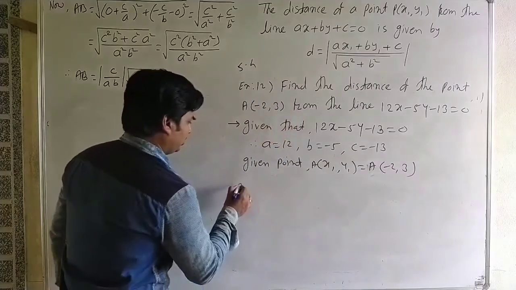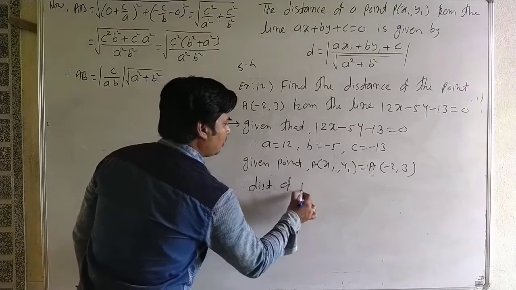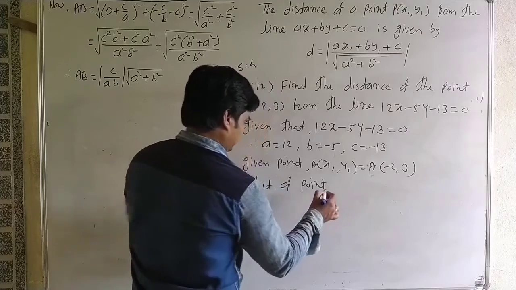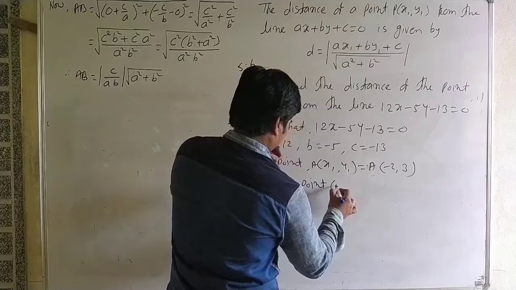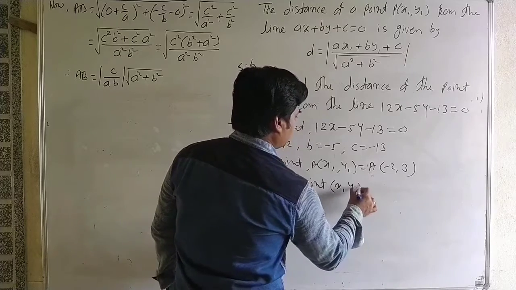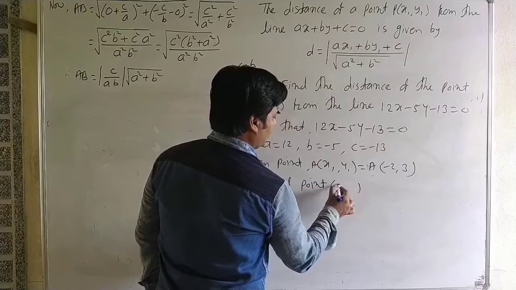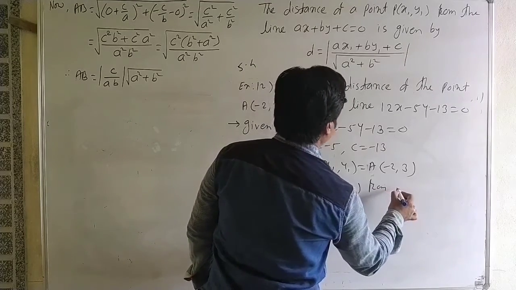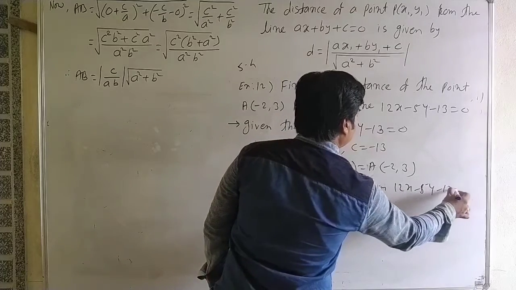Okay, see carefully. Therefore distance of point minus 2 comma 3 from line 12x minus 5y minus 13 is equal to 0.